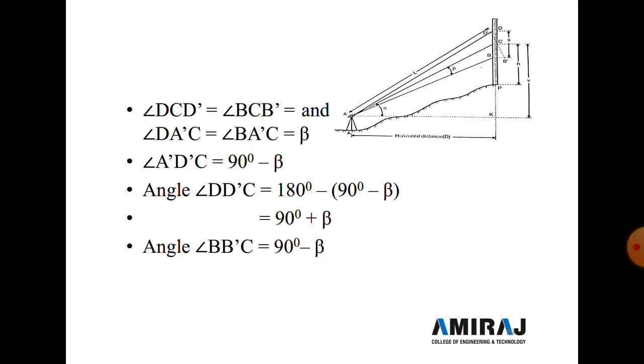So 90 degrees minus beta is subtracted from 180, and we get the final answer, 90 degrees plus beta. Similarly, angle B dash C is the same, 90 degrees minus beta.